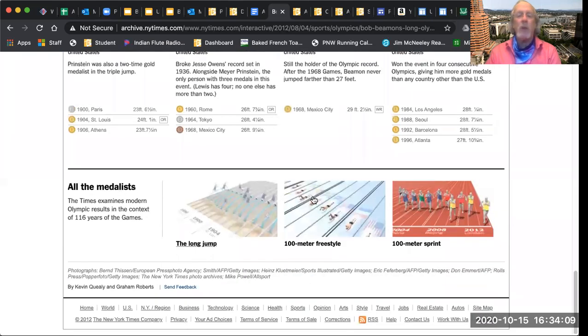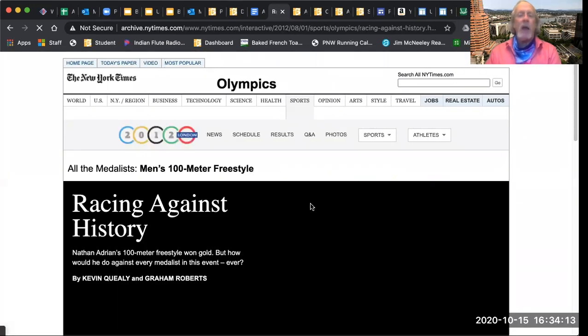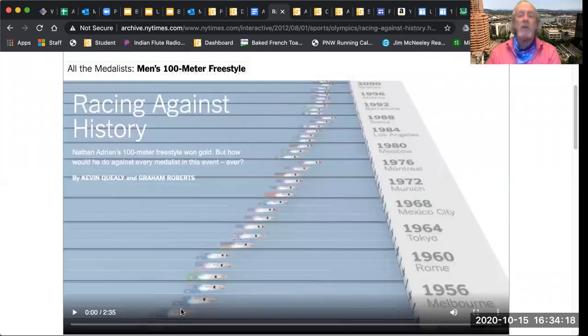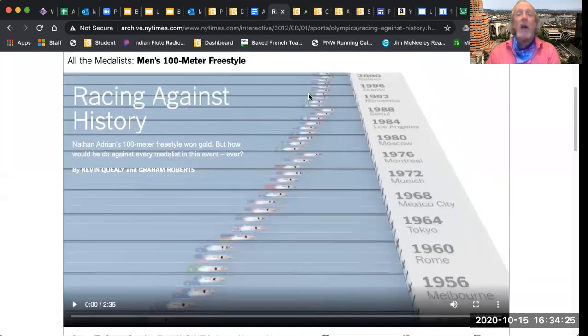The last one we looked at was in the swimming pool, the 100-meter freestyle. Again, there have been some pretty consistent increases in speed, at least since the 1950s. How fast will we get? They predict in the article we may get below 45 seconds for 100 meters, which is pretty incredible, considering that it wasn't that long ago that people were just breaking 1 minute.